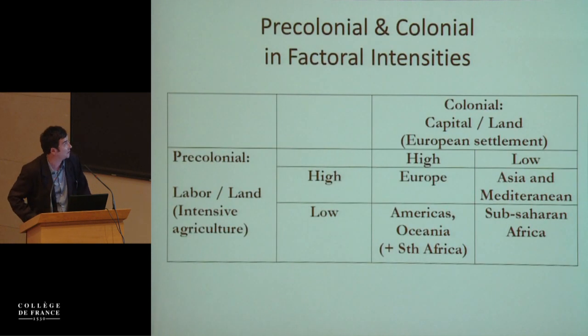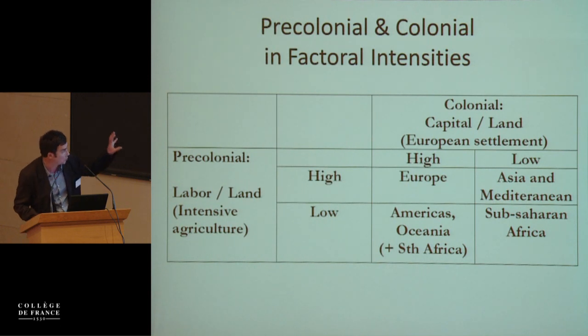So here is a table on long-term factor intensity that I tend to use with my students to warn them against too quick intercontinental comparisons. The idea is that long-term history, whether pre-colonial or colonial, has determined that Africa was for long characterized by land abundance and the relative scarcity of both the other factors of production, both labor and capital.